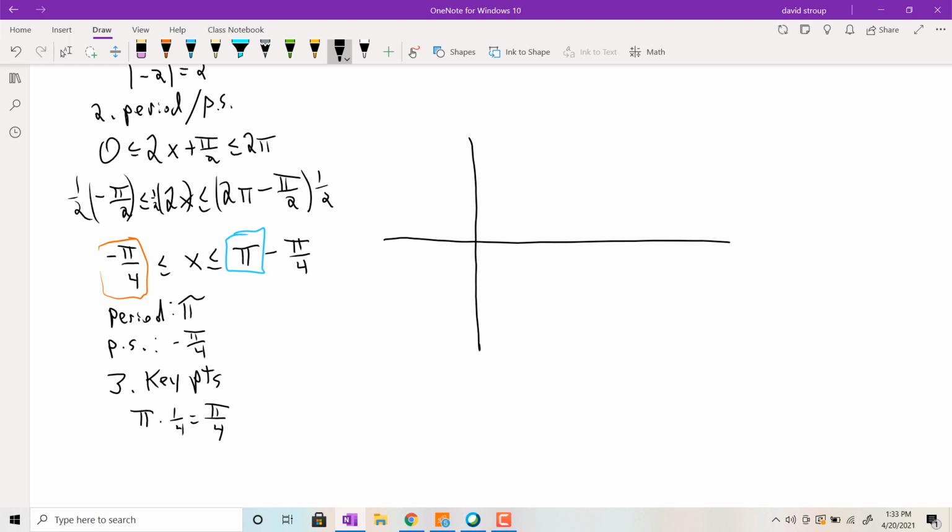So I'm going to start at negative pi over 4, and then the next one will be at 0, and then positive pi over 4, and then 2 pi over 4, and then 3 pi over 4. Okay, for one period. Again, the amplitude is 2.